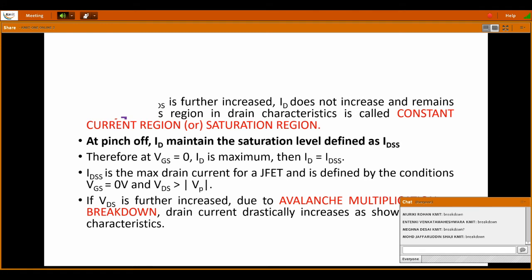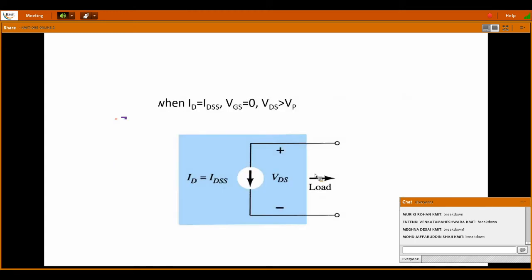Now we will move on to the next case. There is a diagram shown here: JFET modeling when ID is equal to IDSS, VGS is equal to 0, VDS is greater than VP.